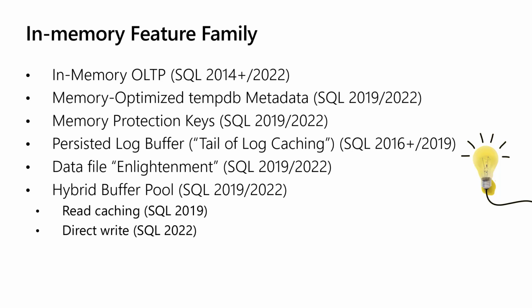I'll cover the memory optimized TempDB metadata improvement in detail in the SQL Server 2022 TempDB, the uncontended system page latch concurrency enhancements talk. I have that session at DPS, especially if you want to get into a TempDB deep dive. Definitely recommend checking that out. But I'll cover the in-memory OLTP improvements for SQL Server 2022 in the next slide.